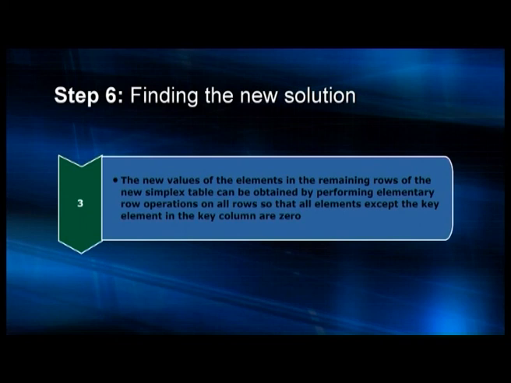The new values of the elements in the remaining rows of the new simplex table can be obtained by performing elementary row operations on all rows so that all elements except the key element in the key column are 0.